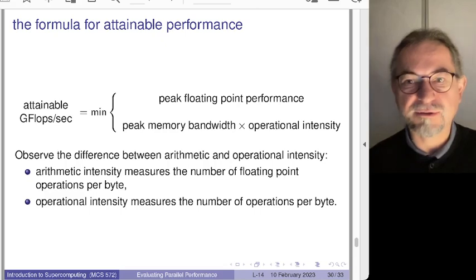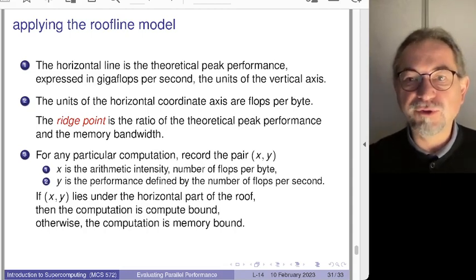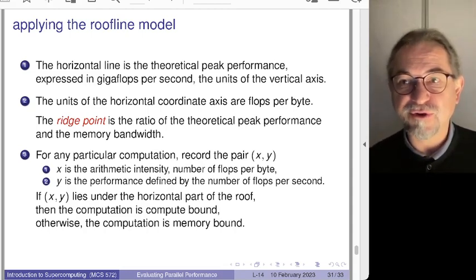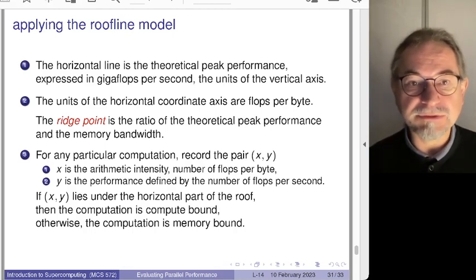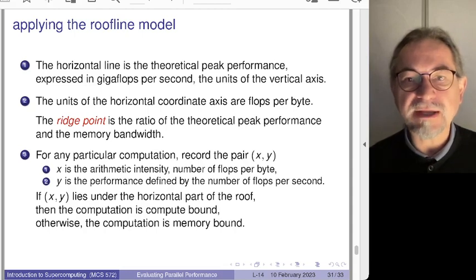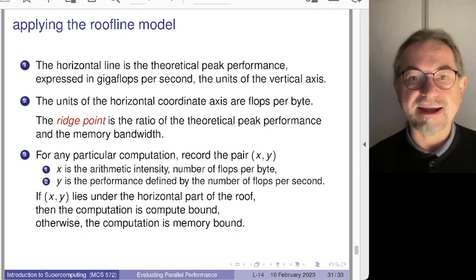So here I'm actually commingling them a little bit. Okay, how do you apply now the roofline model? Well, you look at the specifications of your computer and you read off the theoretical peak performance. And that, the theoretical gigaflops per second, actually gives you the units of the vertical axis as well.